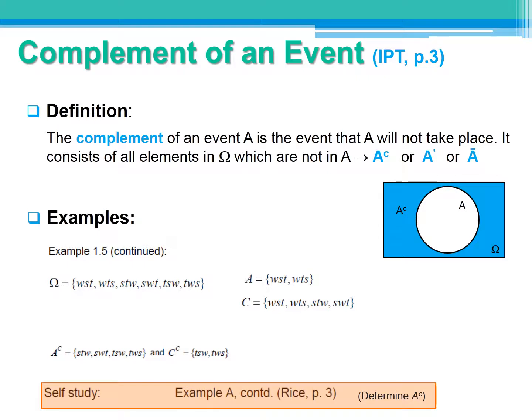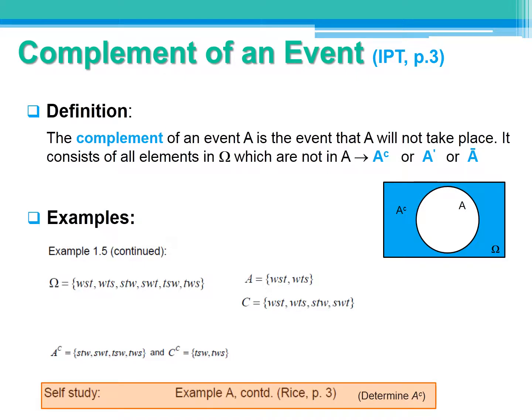So if you look at your Venn diagram, if we have an event A in our sample space, then A's complement will lie here. So it consists of all the elements that are still in my sample space but not in event A. For example, continuing from example 1.5, this was A and C. So A consisted of these two outcomes.